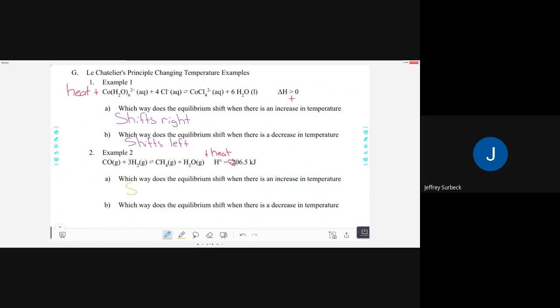The next one would be right. If you decrease the temperature, it shifts to the same side that heat is on. In example 2, heat is on that right-hand side, so it's going to continue to shift to the right.